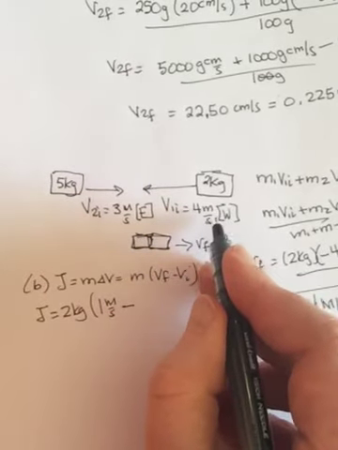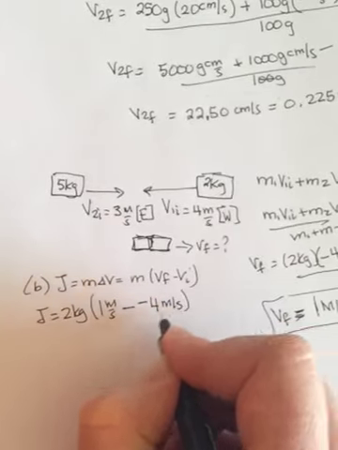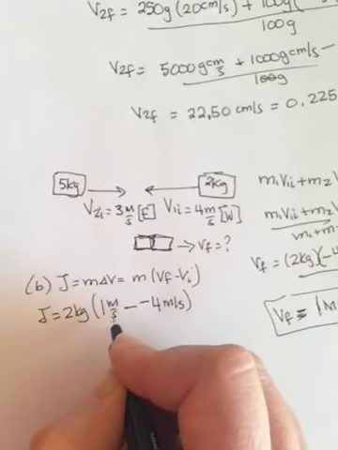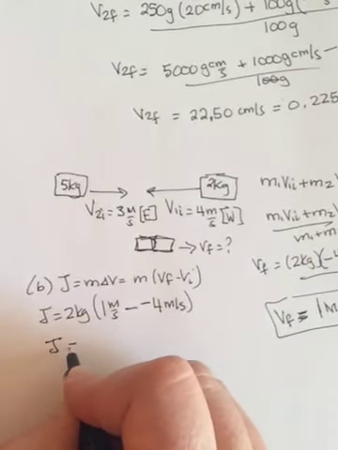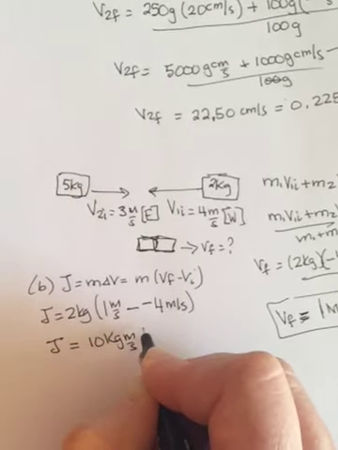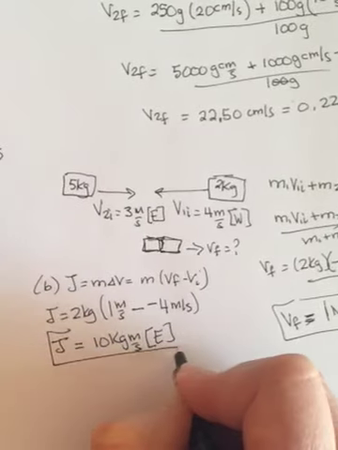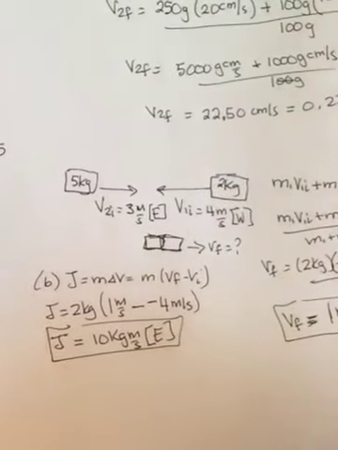And the initial was 4 meters per second west, so it goes in as negative. 1 minus a minus 4 is positive 5. And 2 times positive 5 is 10 kilogram meters per second, and it works out to be positive, which means it's east. That is your answer to B.